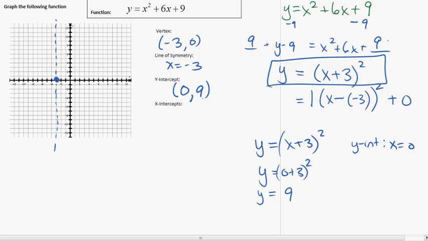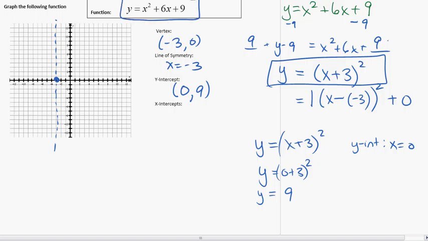Now that might be straightforward from the vertex form, but it's also even more straightforward from standard form. Because when I said x equals 0, that goes to 0, that goes to 0, and I'm left with 9. So in standard form, it's always the c value that determines your y-intercept. However, your x-intercept's a little harder to find here in standard form.